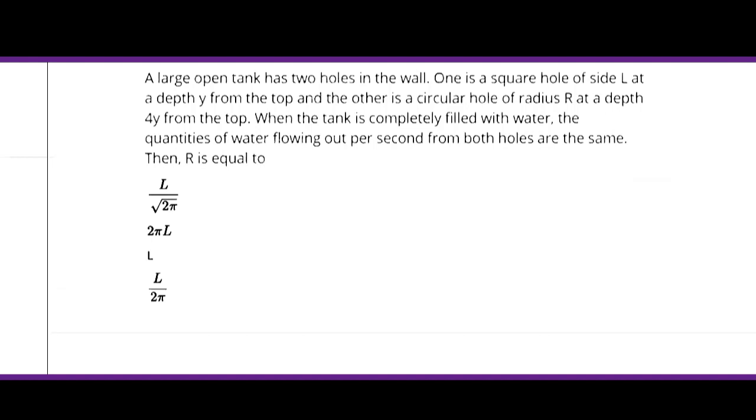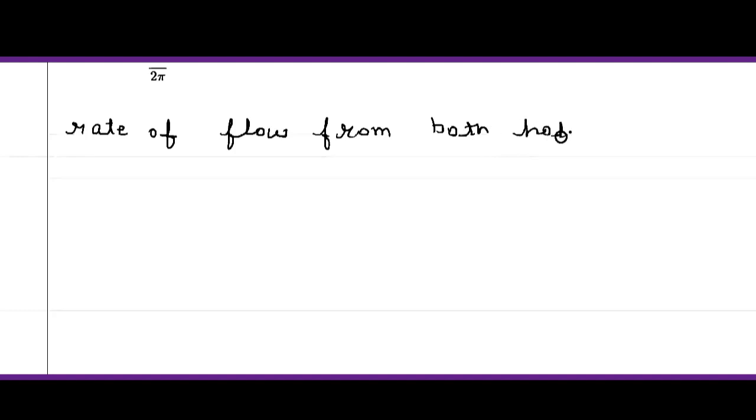So in this question we have to find the value of R, and we know that the rate of flow from both holes is equal, right?